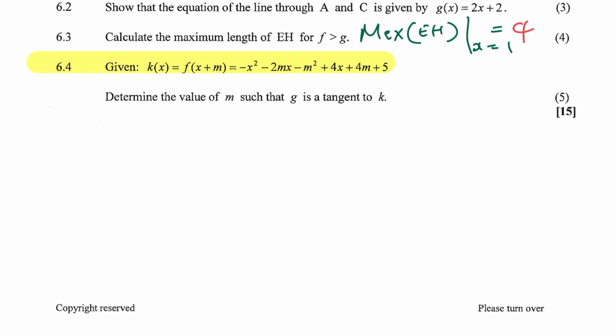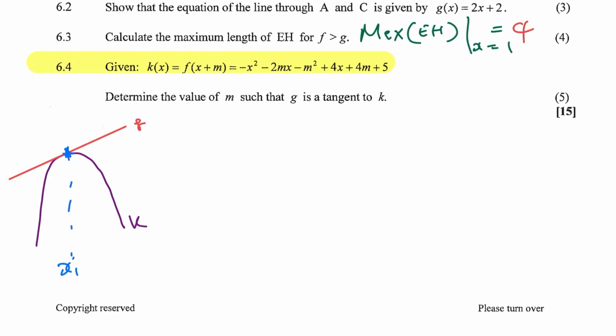So they say, given this, determine the value of m such that G is a tangent to K. Okay, so you're given that K is a parabola. So this is K. And now you are told that G is a tangent to K. So this is G. If it's a tangent to K, that means it touches at an x value, let's call it x1.